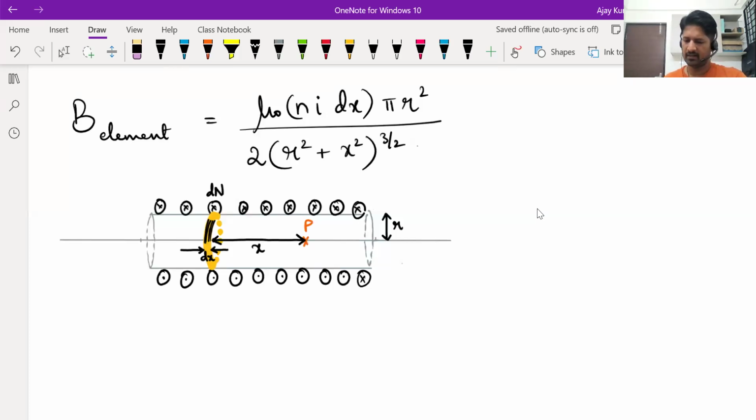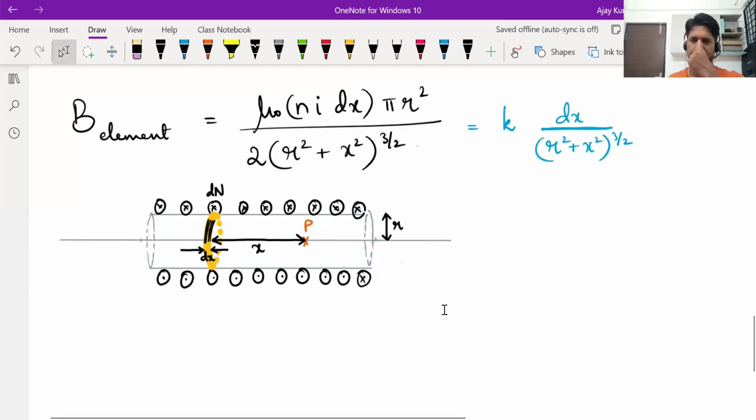Mu naught, small n, I, pi r square, 2, they're all constants. Let's put the constants aside. You can write this as k. What will you be left with? dx by r square plus x square power 3 by 2. How can this be integrated? Any idea, anyone?